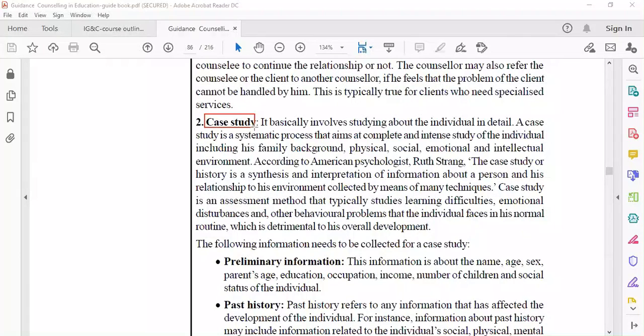Because in a case study, a counselor, or a teacher as a counselor, takes only a single student and studies his physical, social, emotional, academic, and familial problems very deeply, and gathers a lot of information about those components, and then he is in a better position to assist his student.